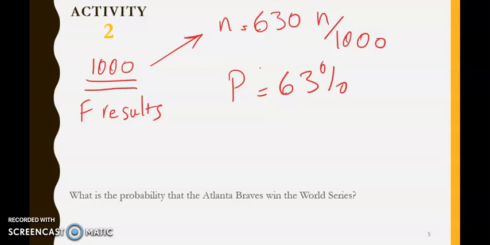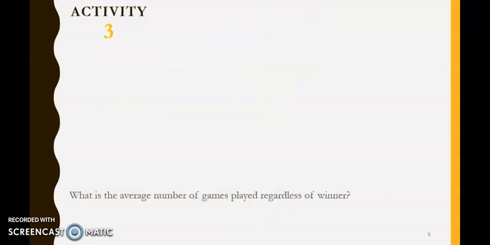We just finished activity 2, in which we were asked to specify the probability that the Atlanta Braves win the World Series. And the last activity that we have today is this. What is the average number of games played regardless of winner?